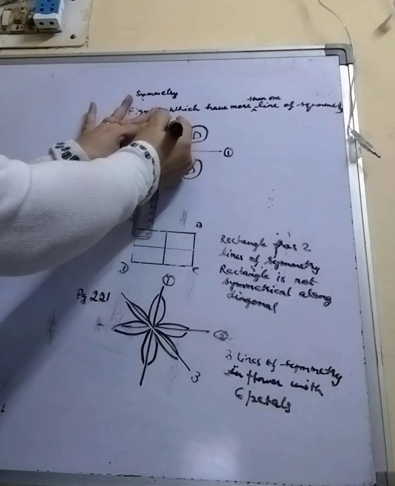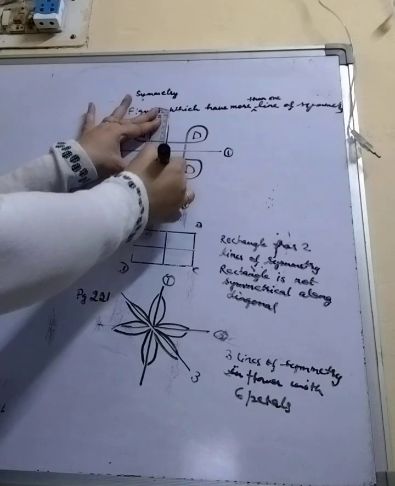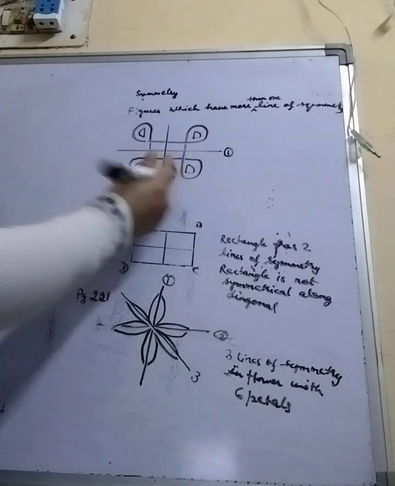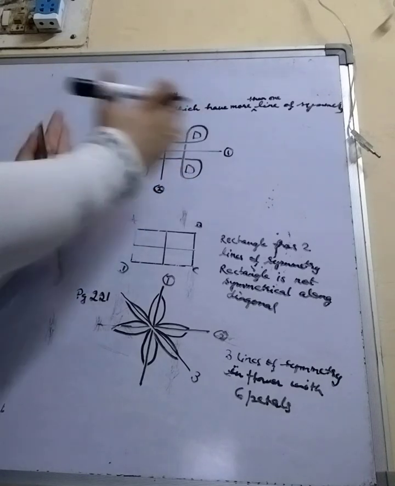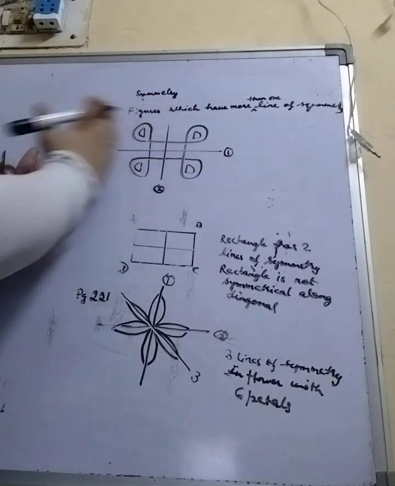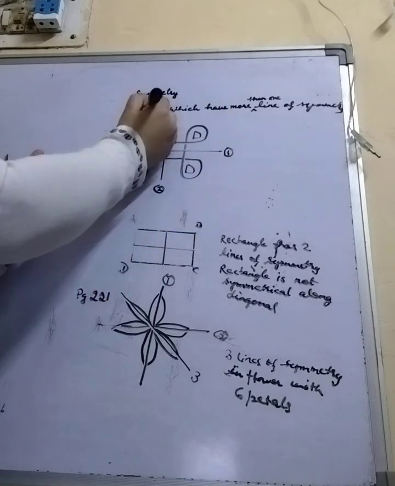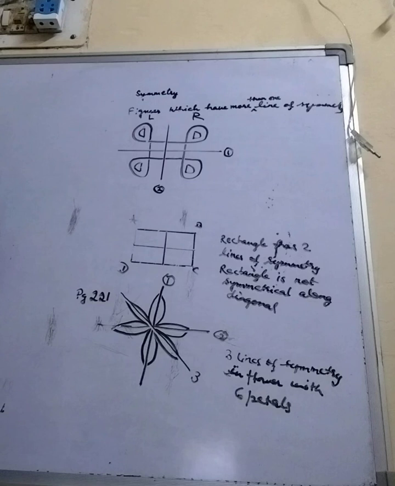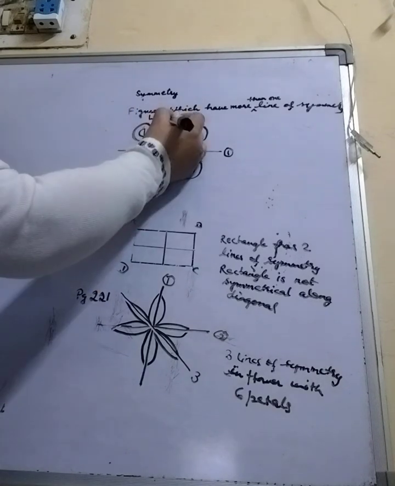Then the second line of symmetry would be a vertical line, which would divide the figure into two halves, one on the left side, one on the right side. If you overlap the left side over the right, it would totally superimpose on each other. So you have two lines of symmetry.